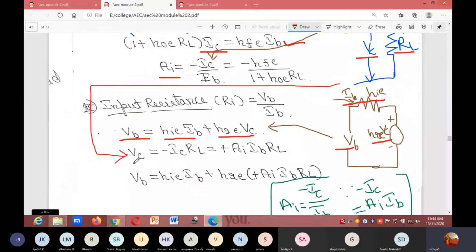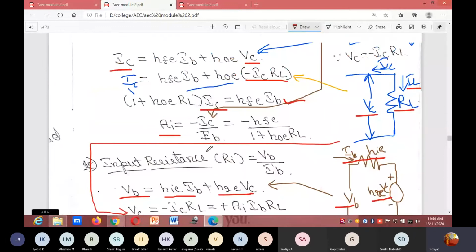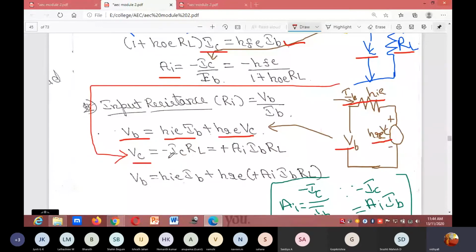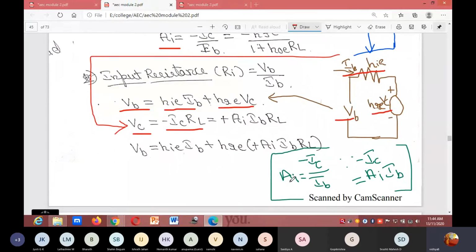VC is equal to what? From the last expression, we know that VC is equal to minus IC into RL. That can be written as what? AI is equal to minus IC divided by IB. The minus IC can be written as AI into IB. So I have replaced here, instead of minus IC, I have written AI into IB.